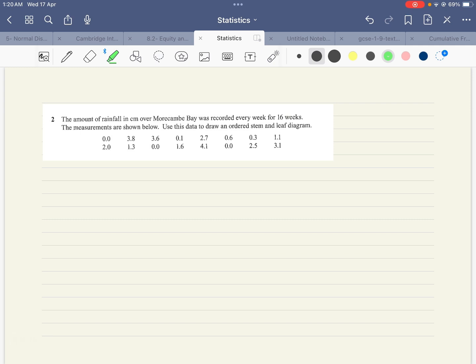Then we have amount of rainfall in over. This question you can attempt, but let me tell you how do we draw the stem and leaf diagram for something which is in decimal. The number before decimal comes on the left and the number after decimal comes on the right.